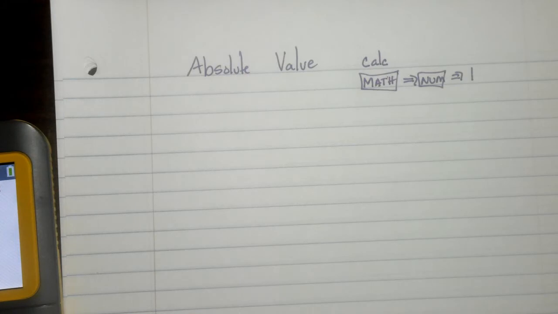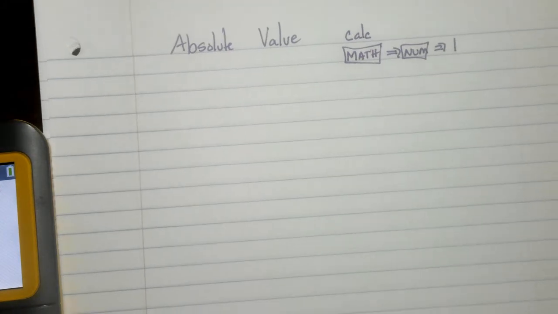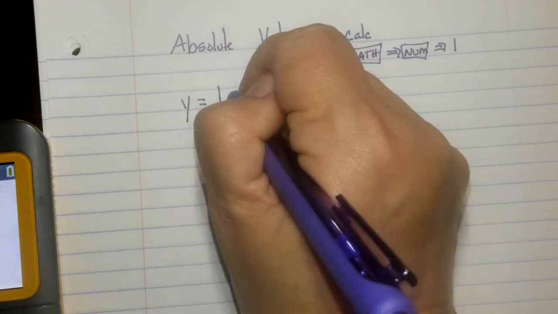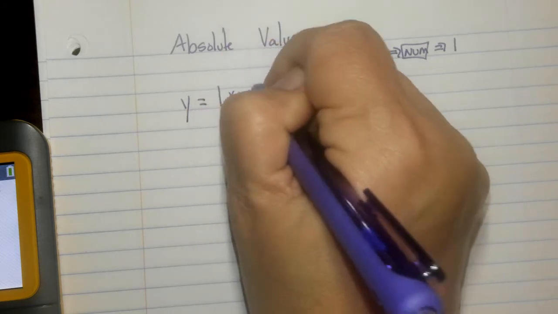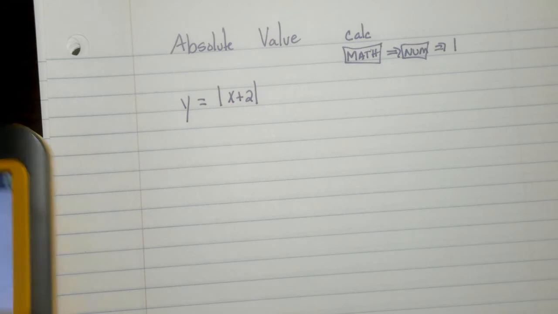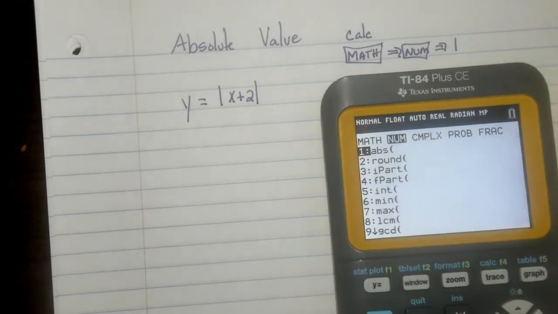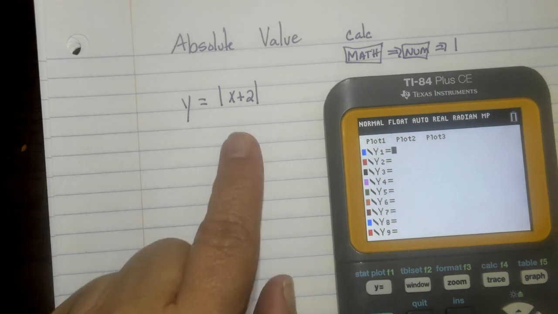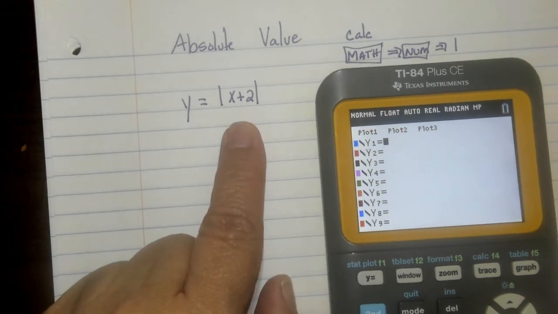So, you should be able to graph an absolute value. For example, y equals the absolute value of x plus 2. So just grab a calculator, go to y equals, and you need to get your absolute value sign.